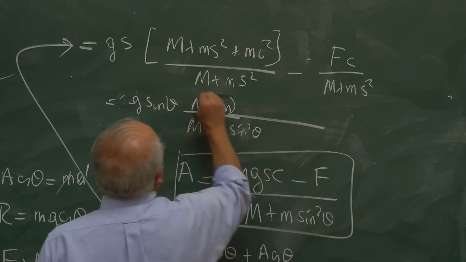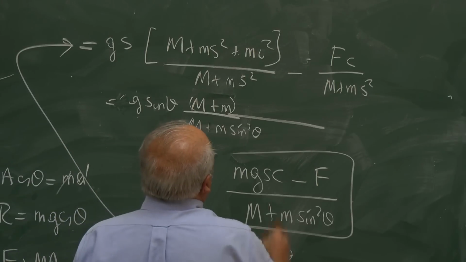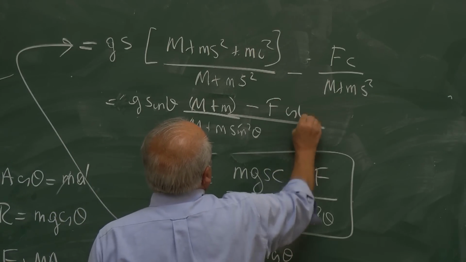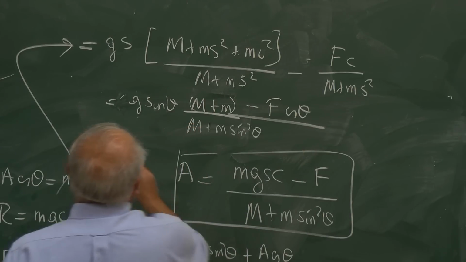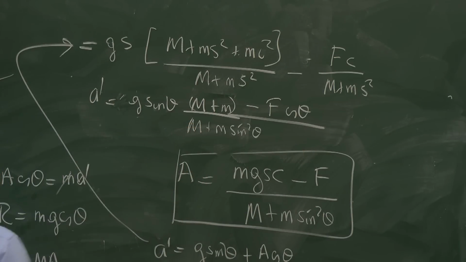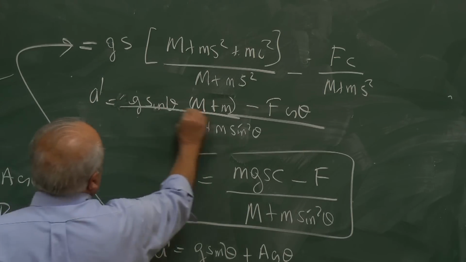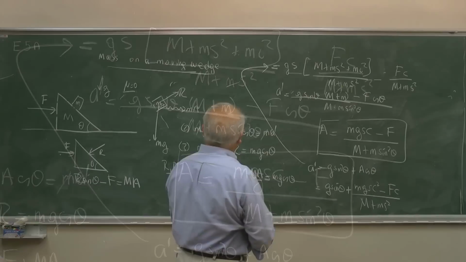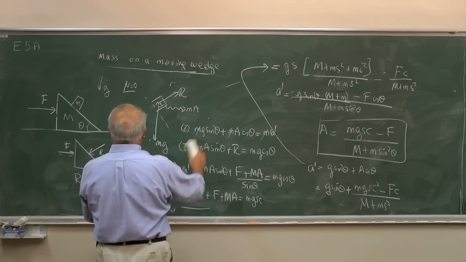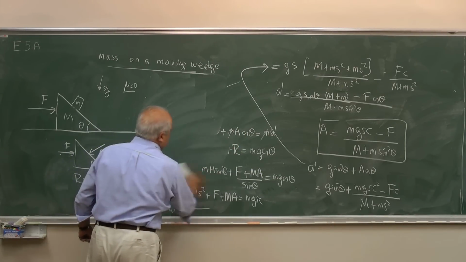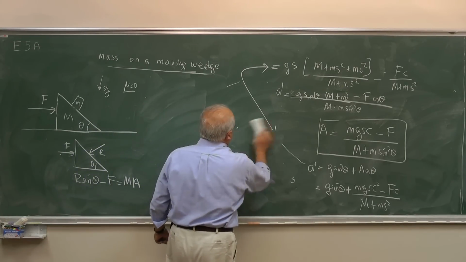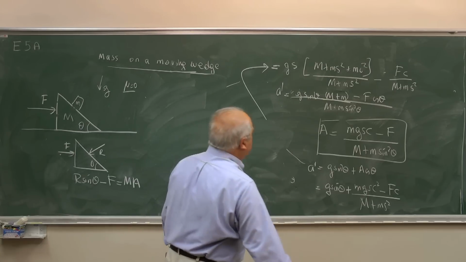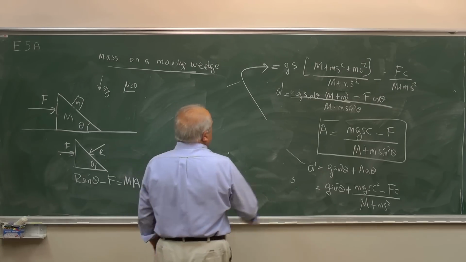They have the same denominator, minus F cosine theta. Now this is interesting. Because you see, I'm erasing the algebra now. Let's look at the result and finish it. This is A prime down.